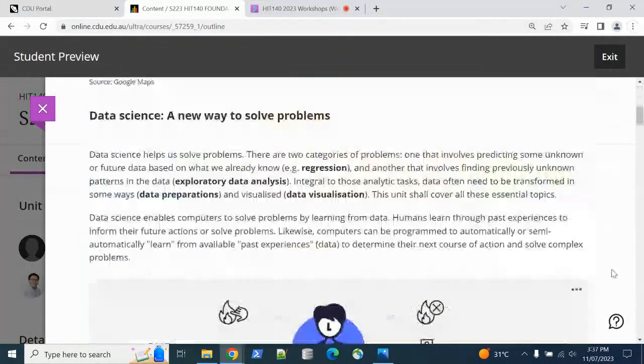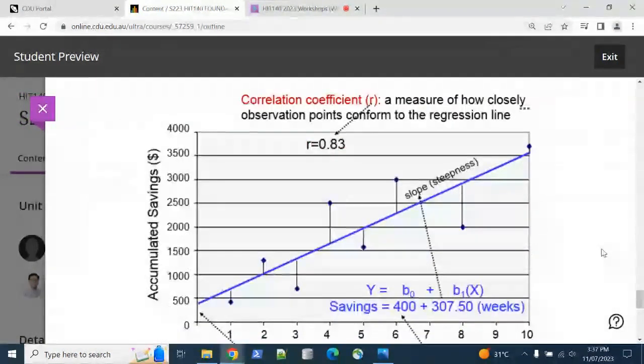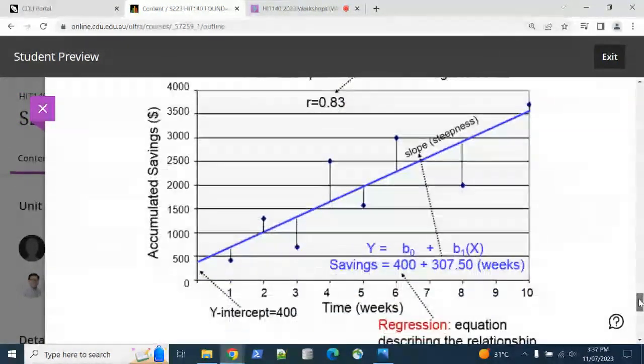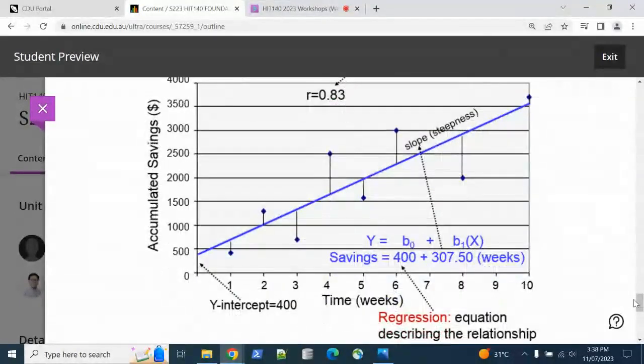Here is another example of a linear regression line. Okay, quick question. Which one is the dependent variable? Accumulated savings, correct? Because that's represented along the y-axis.